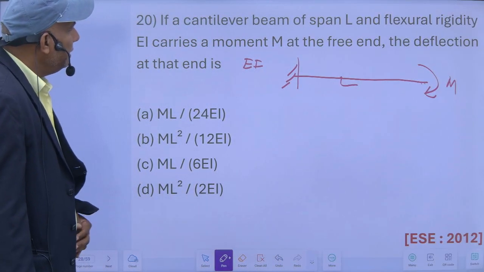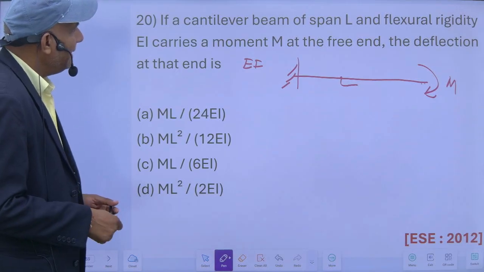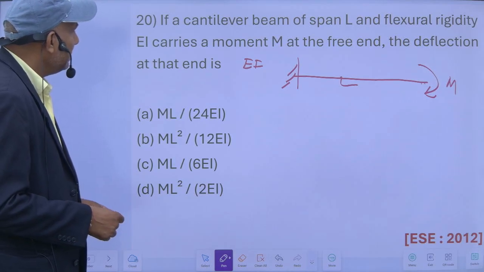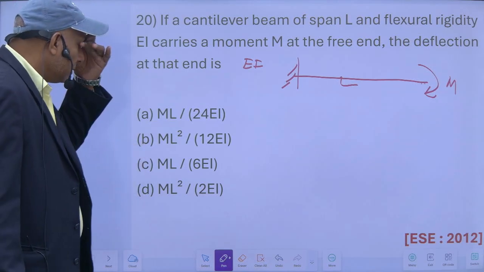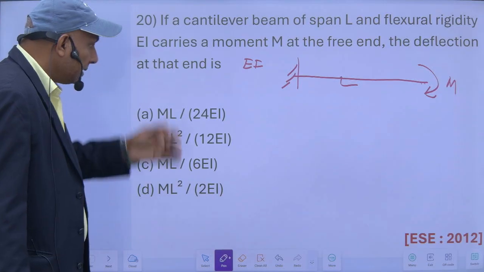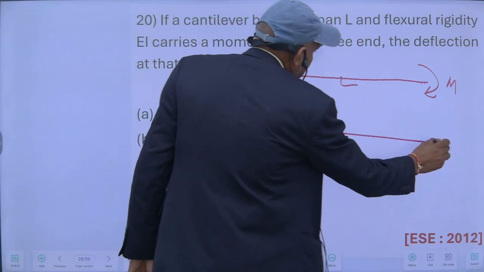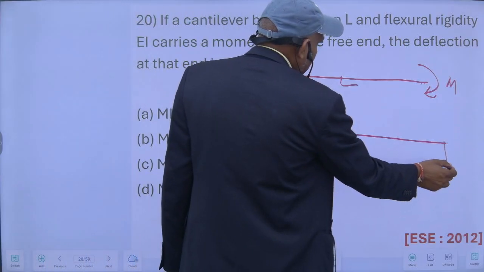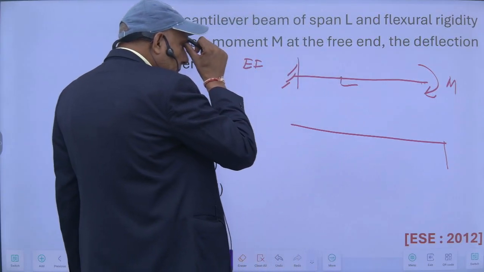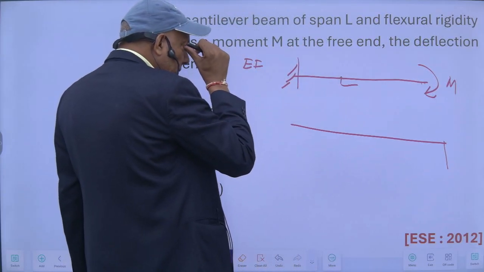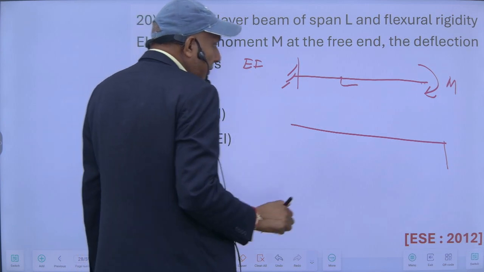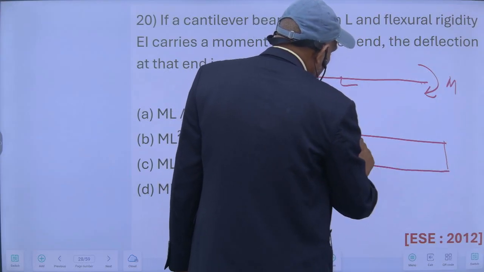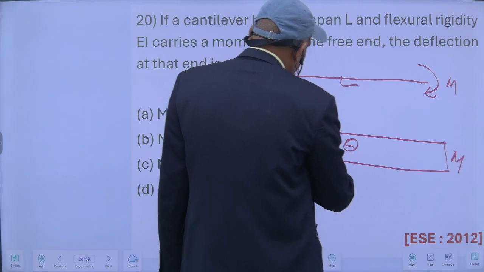If a cantilever beam of span L and flexural rigidity EI carries a moment M at the free end, the deflection at the end will be, if I draw the bending moment for this, it will be like this. This is hogging, and this M will be constant throughout.